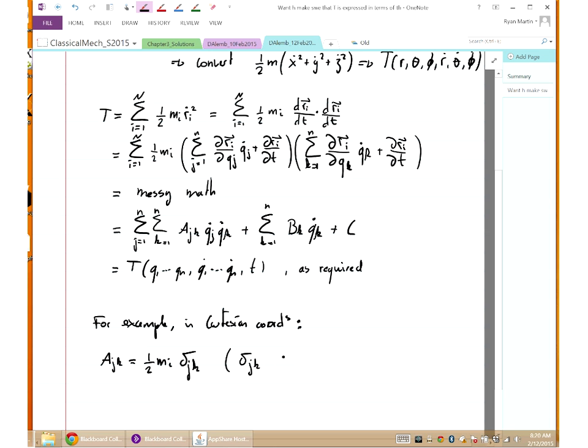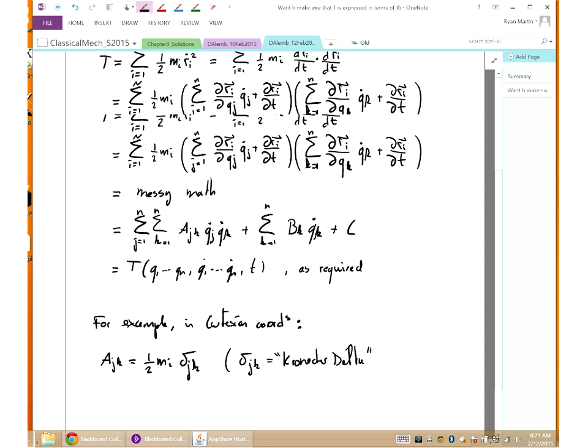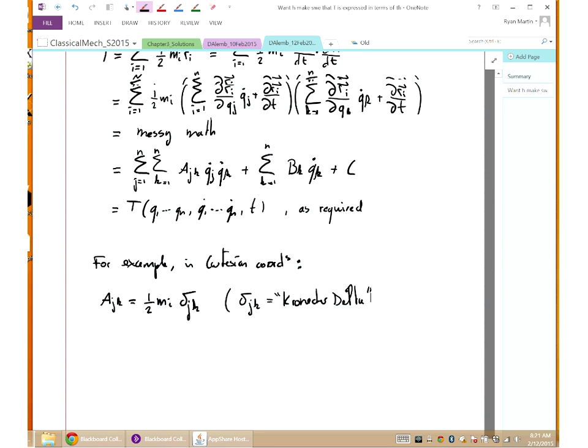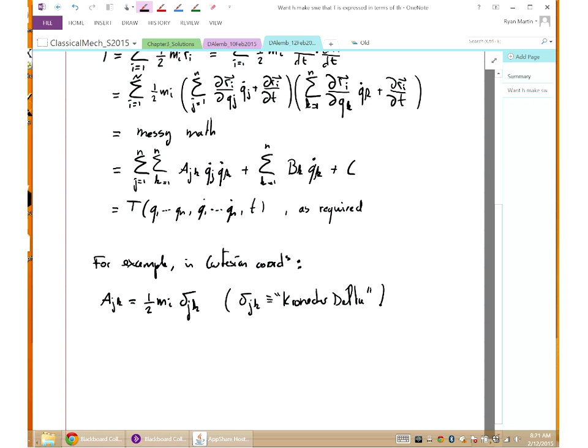So delta_jk is what we call the Kronecker delta, and the Kronecker delta is equal to 1 if j equals k, and it's equal to 0 if j is not equal to k.